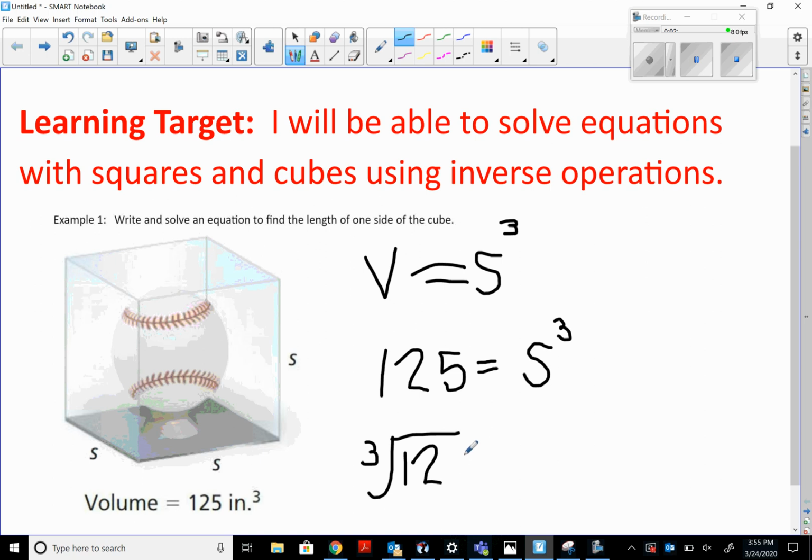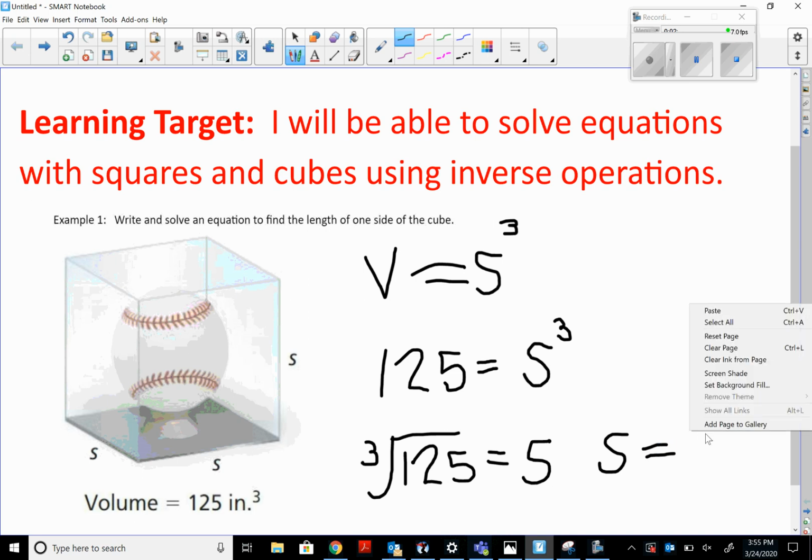And 125 is actually one of those perfect cubes. So if you remember and you had all those memorized before spring break, you probably already know the answer to this without even getting your calculator out. The cube root of 125 is 5. So that means the length of one side of this cube is 5 inches.